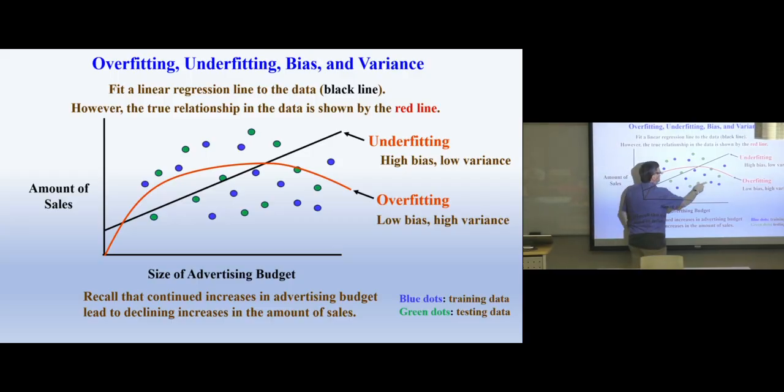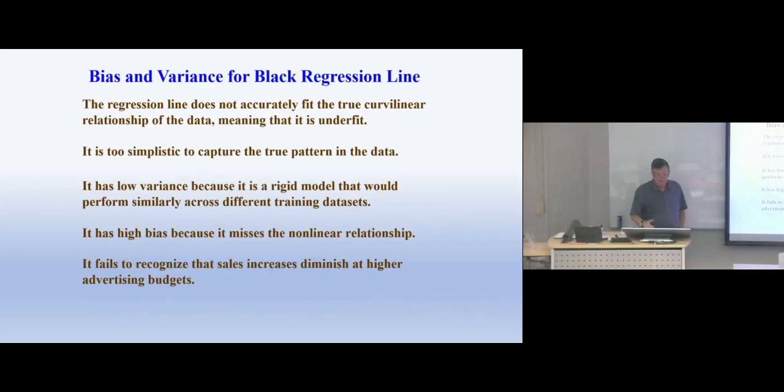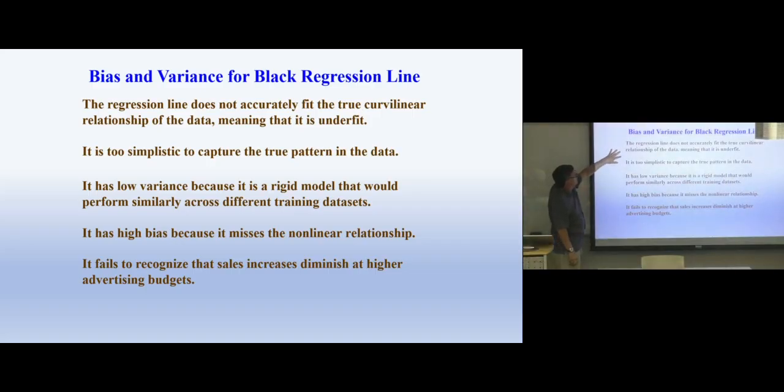If I'm overfit with this red line, because I'm trying to get to that model where it does decline, then out here you say, overall, that underfit line works better. And that's the way bias and variance looks. So the regression line doesn't accurately fit the true curvilinear relationship, meaning that it's underfit.